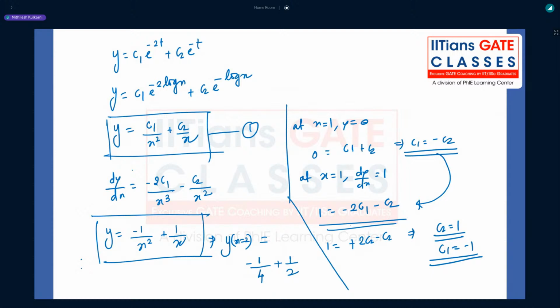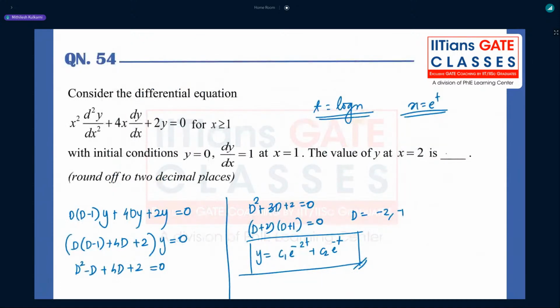Okay, so 1 upon 2 minus 1 upon 4 is 1 upon 4. Okay, that is 0.5 minus 0.25 is 0.25. So 0.25 you should type there, because you have to round off to 2 decimal places. 0.25 should be written here.